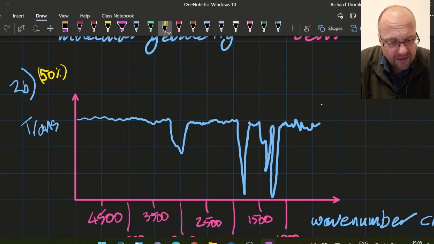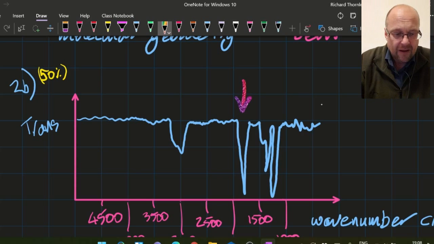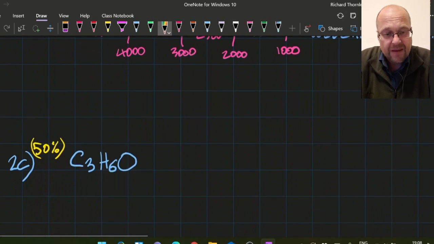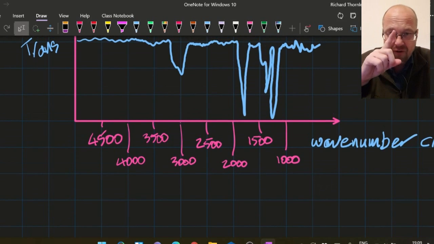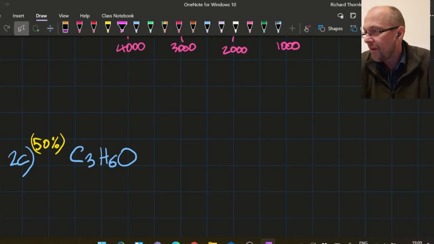Yep, and that's there. So 1700 to 1750 is this peak. Let me just check it on the real diagram. Okay, so unambiguously it's B, because B has a trough, not a peak, a trough at 1700 to 1750, which is the carbon-oxygen double bond. So that's the answer for that one.